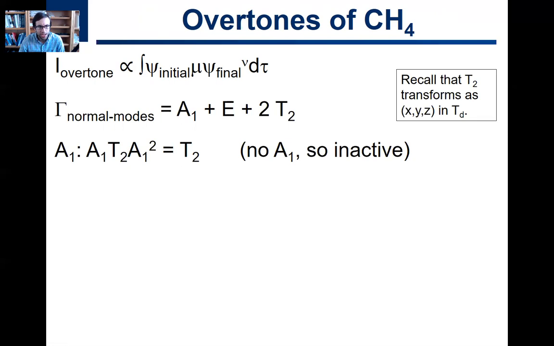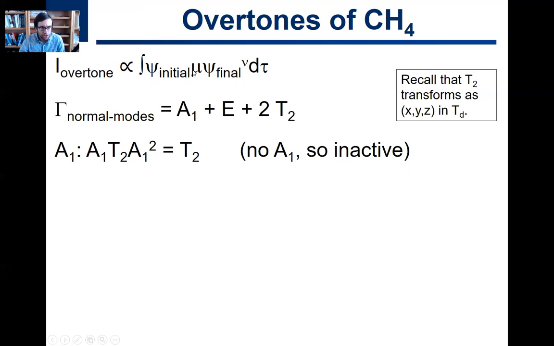And so the first one would be the A1 overtone, right? And so, okay, is the A1 overtone active? Well, psi initial always has the symmetry of the totally symmetric state. That's A1, that's the ground state. One's across the board. The ground state isn't excited, so everything's relaxed, so it's totally symmetric with respect to any movement.